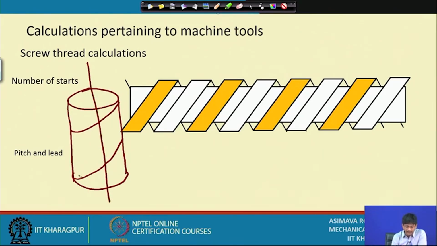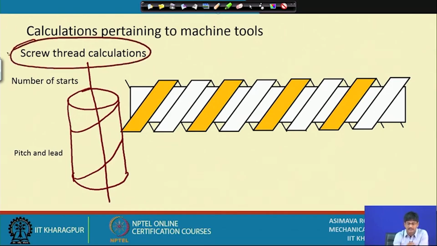So, whenever we have such helices, in machine elements, they serve some purpose. They can be used as clamping devices, they can be used as devices for deriving motion, etc. And therefore, we come across today's discussion about screw threads.